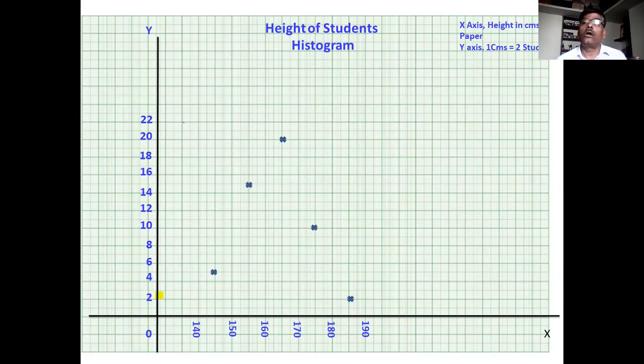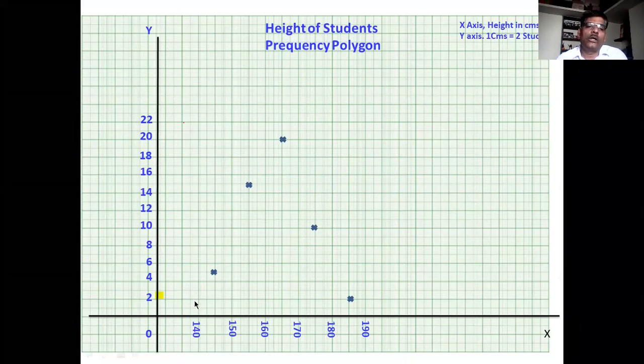But if you draw the polygon directly, you have to draw a straight line from the midpoint before this area, that is 130. From this point to this point, you have to draw a straight line, not a freehand line.